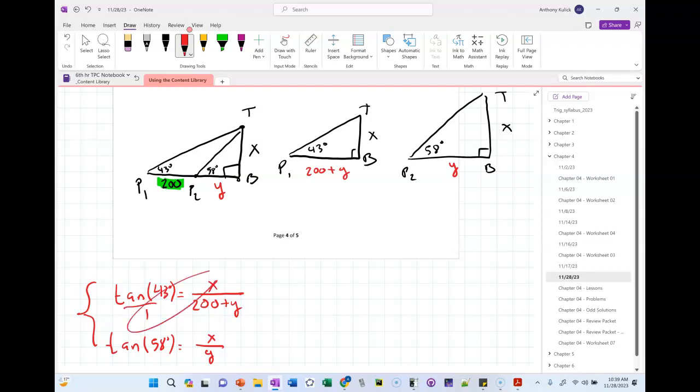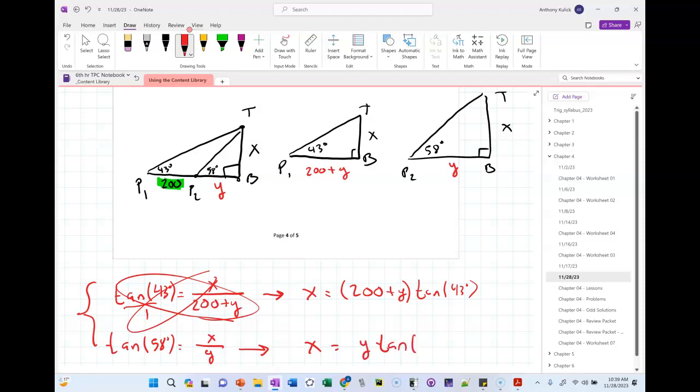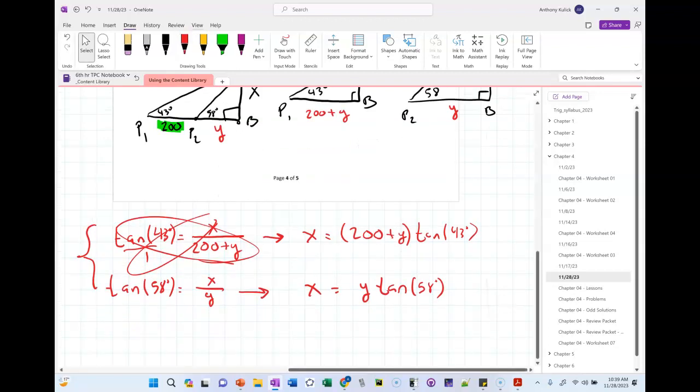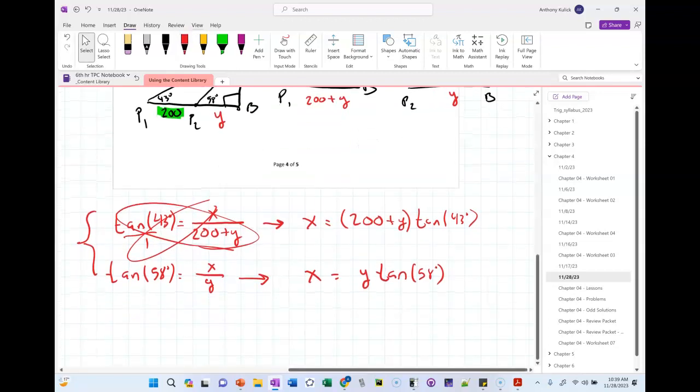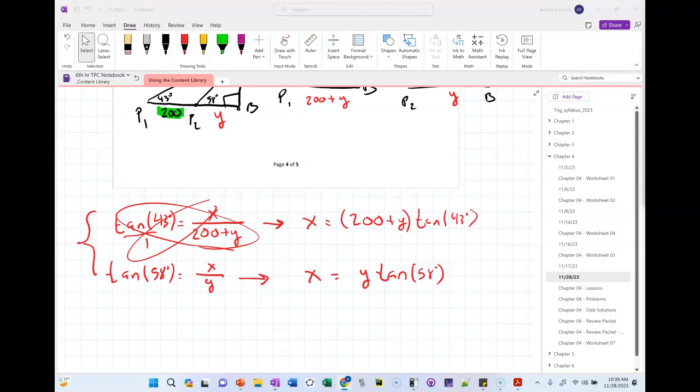So if I cross multiply this equation, I get that x equals 200 plus y times tan 43. If I do the same thing to this equation, I get x equals y times tan 58. Feel good?